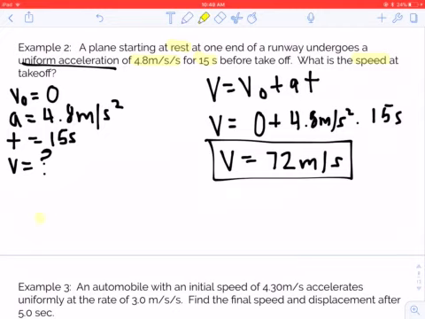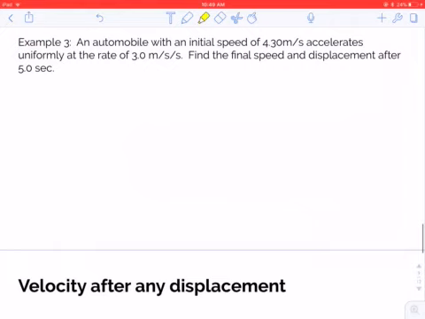Okay, so let's take a look at example 3, still under finding velocity. In example 3, we have a car, an automobile, with an initial speed of 4.3 meters per second, that accelerates uniformly at the rate of 3 meters per second squared. Find the final speed and displacement after 5 seconds. Again, we can draw our nice diagram.